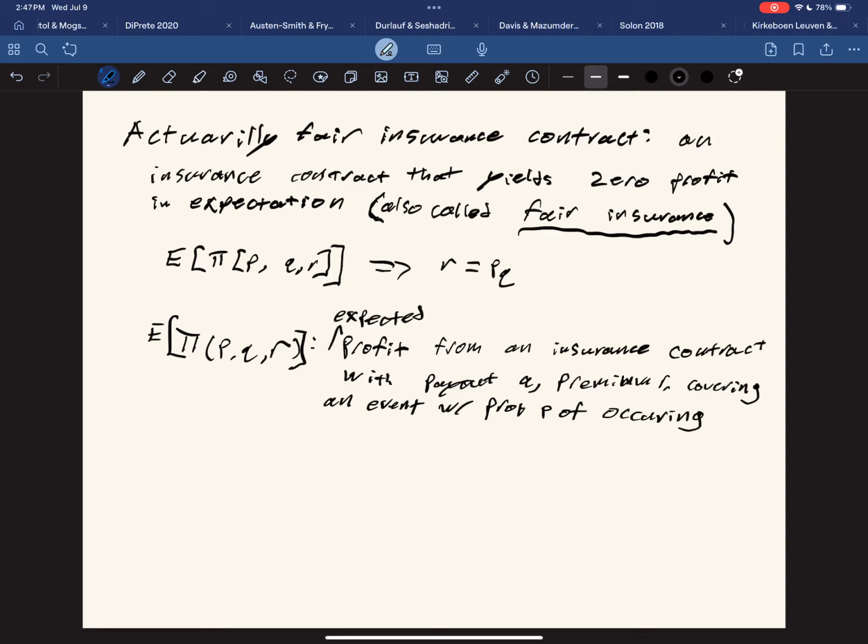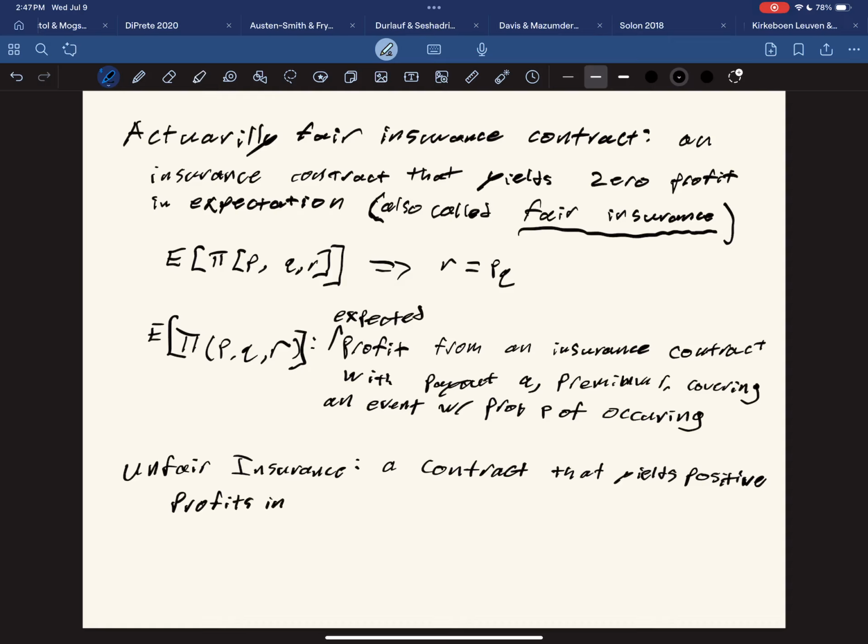And so this also gives us a definition of unfair insurance, which is an insurance contract that yields positive profits in expectation.